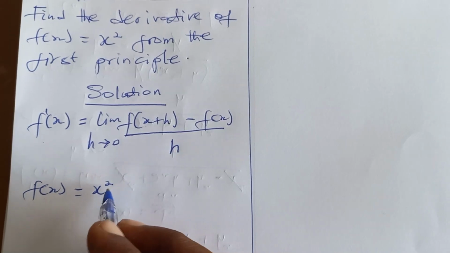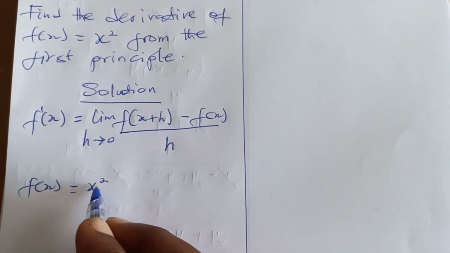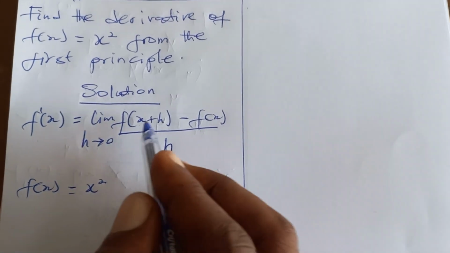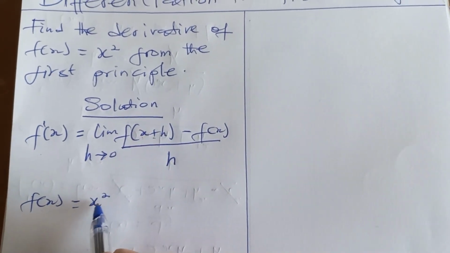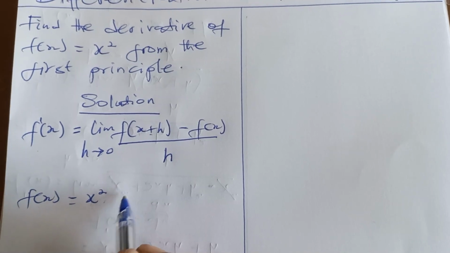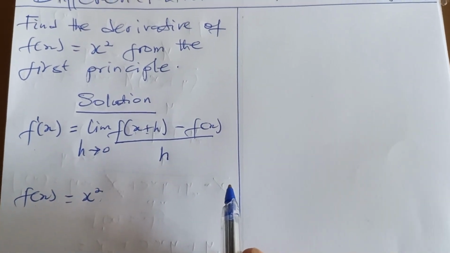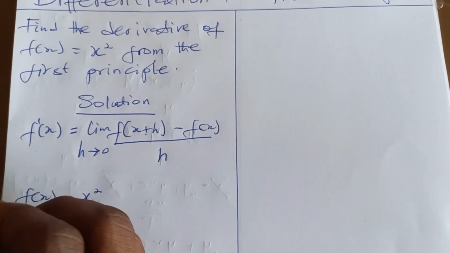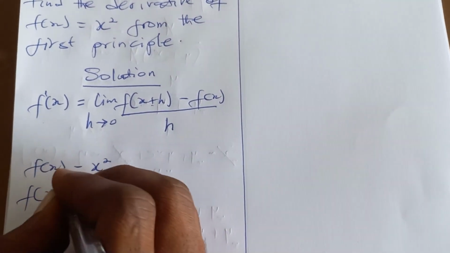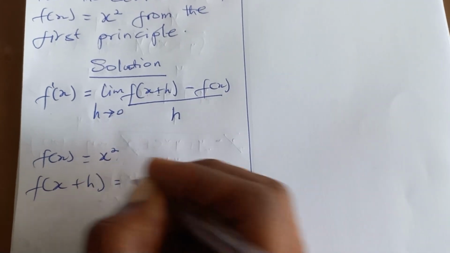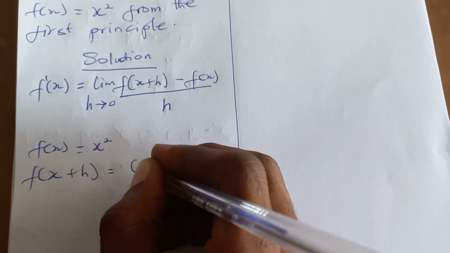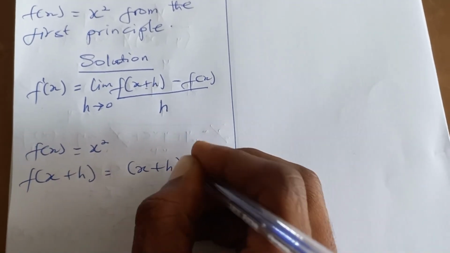Okay, so assuming we're having x squared plus 2, it means that x plus h will come and take x plus h squared plus 2. Okay, so for this, our f of x plus h will now become, so we put it here, we get x plus h all squared.